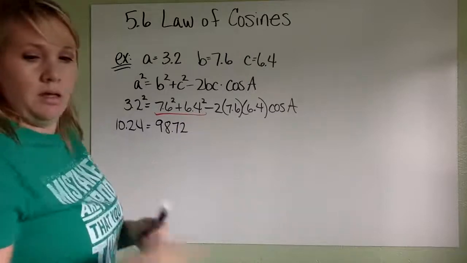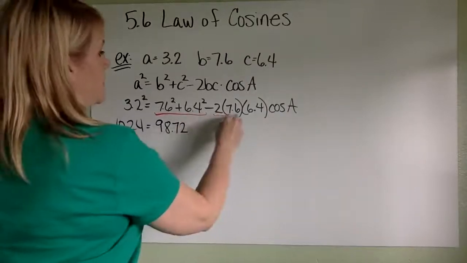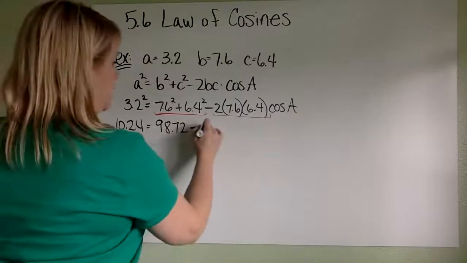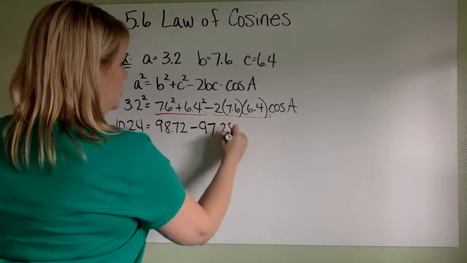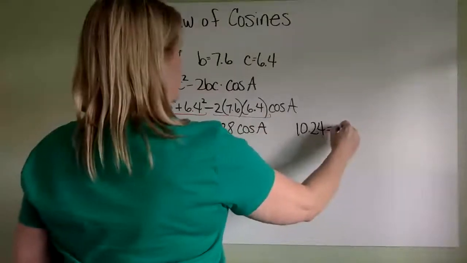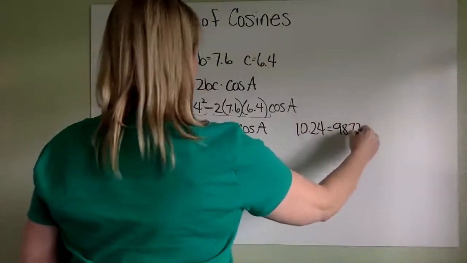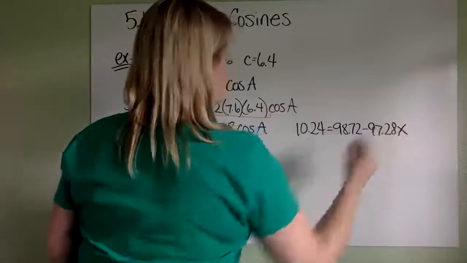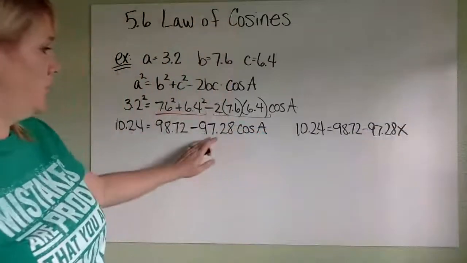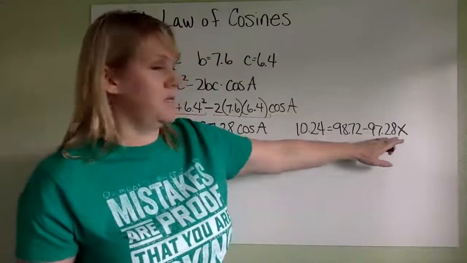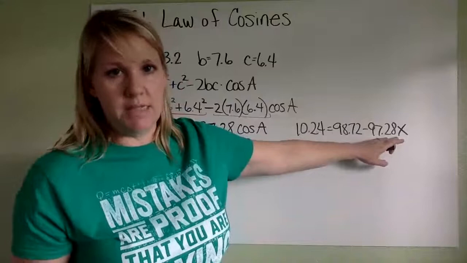And then this 2 times 7.6 times 6.4 is 97.28. And then we have the cosine of angle A. Equation 10.24 equals 98.72 minus 97.28x. So that 97.28 is multiplied by the cosine of A, the same way as the 97.28 is multiplied by x right here.